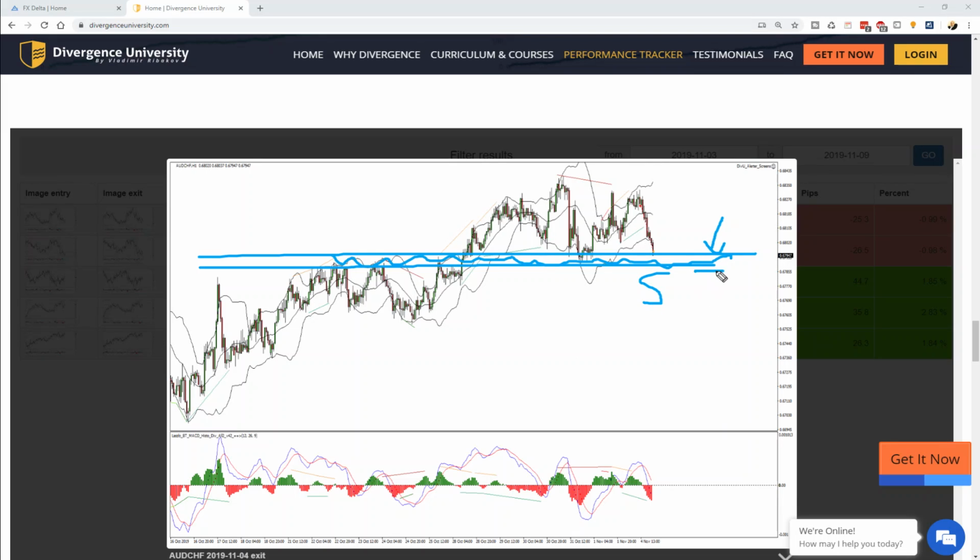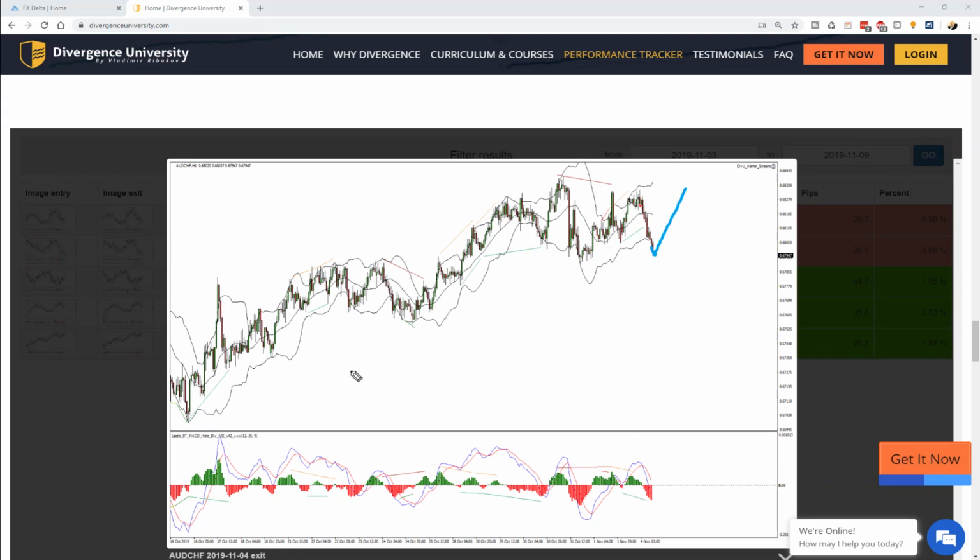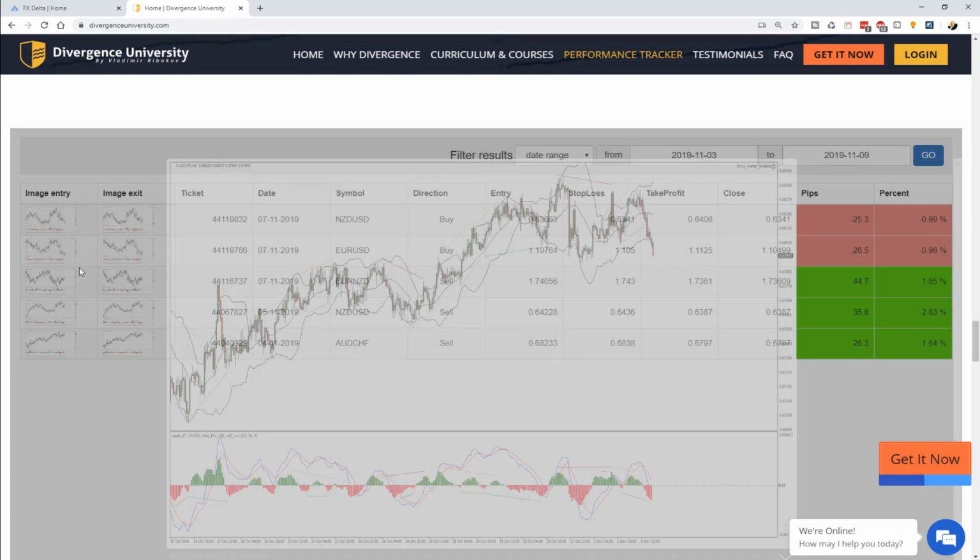You don't want to be collecting targets here or here. Why? Because many times the price will just come to this place and react immediately to the upside, and you might end up with break even, but why not collect some money if you were right and you caught this move down? Okay, so I think this is the most valuable lesson on this specific trade.